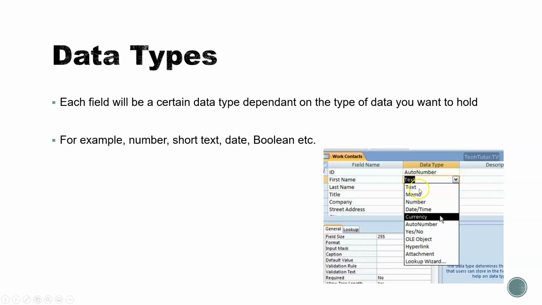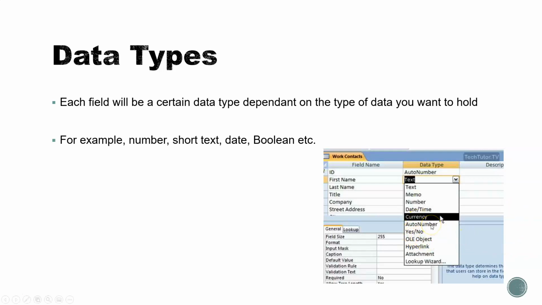So you've got text, number, date, time. I'm not 100% sure what the memo is. I don't think I've ever used the memo. But anyway, you've got enough there to get on with. Date, time, pretty obvious what that is. You've got currency, you can turn it into whatever currency you want.